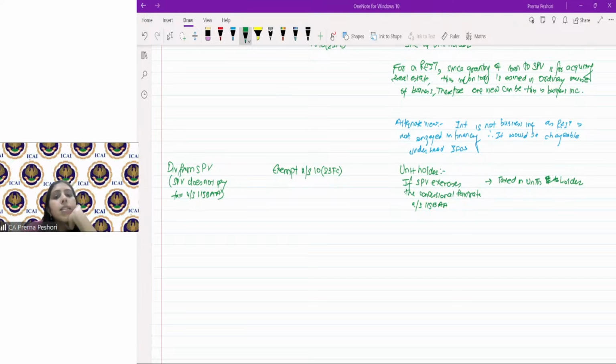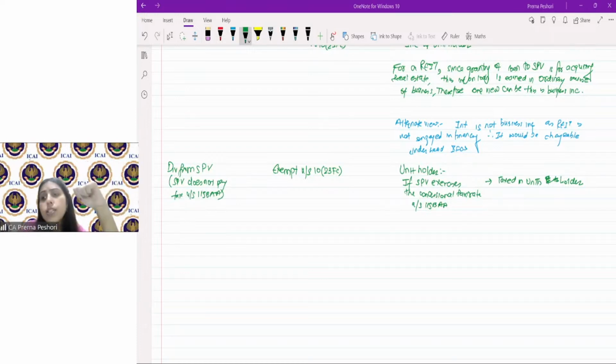Whether dividend will be business income or income from other sources. So unlike interest, no Kaushiki, here both views are not possible. Unlike interest, the dividend is specifically covered under 56(2).